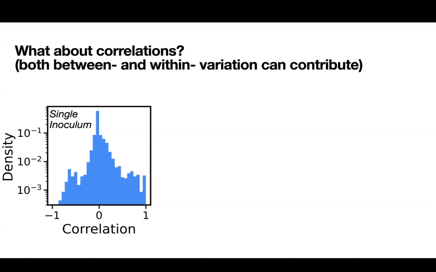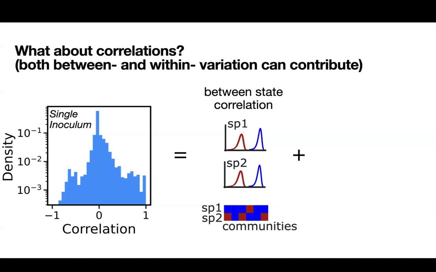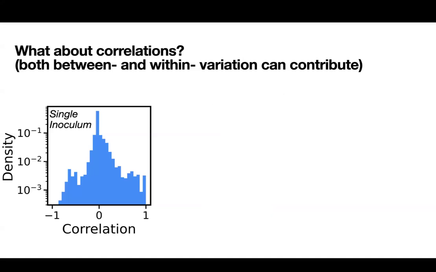And in principle, if we know that the variation can be disentangled in these two different states, we can argue that both the between state variation and the within state variation, so both the variation between this low abundance state and the high abundance state versus the variation within each of these two peaks, can contribute to the correlation of the abundance of species. So this is to say that if you observe a distribution of correlation, the plot on the left is obtained by looking at the distribution of correlation across all the pairs.